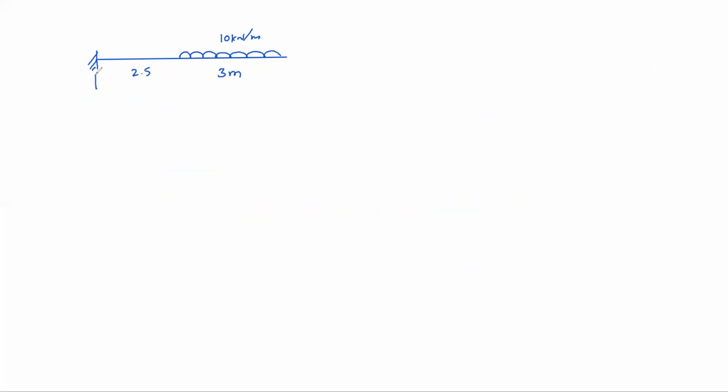What are the reactions here? 10 into 3, 30 kilonewtons. What is the moment here? 30 into 2.5 plus 1.5, 4. 30 into 4, 120 kilonewton meter. So how to draw the shear force diagram?